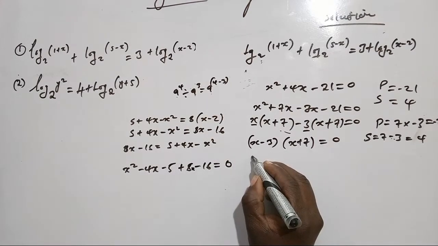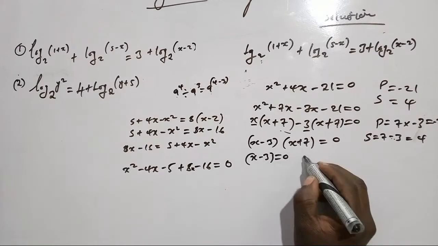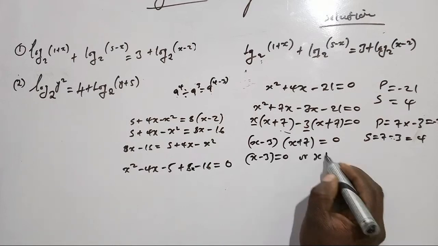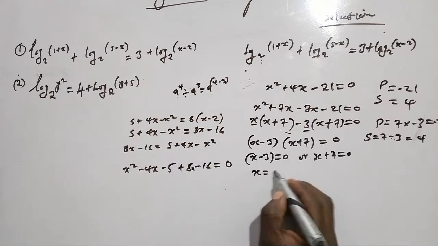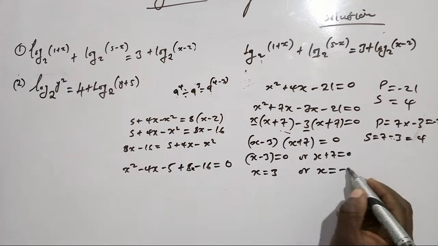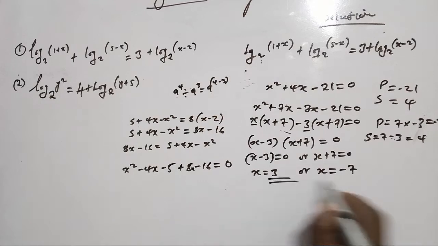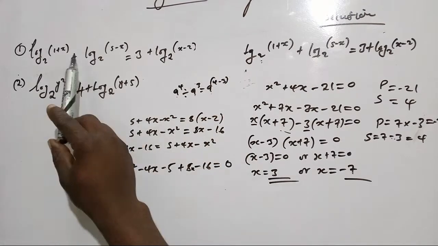So x - 3 equals 0, or x + 7 equals 0. Here we're going to have x equals 3, or x equals minus 7. So these are our answers for this first question here.